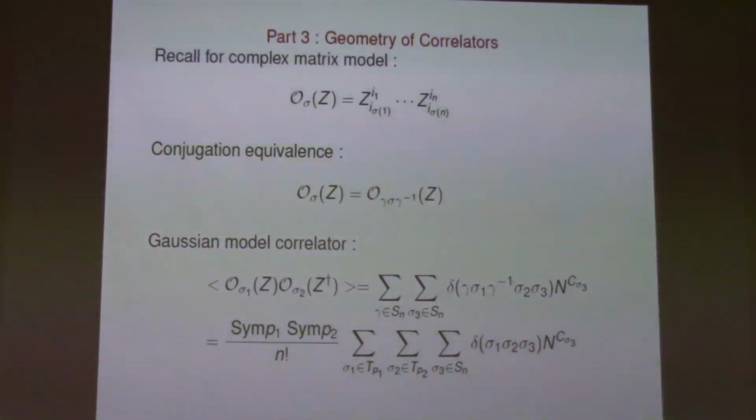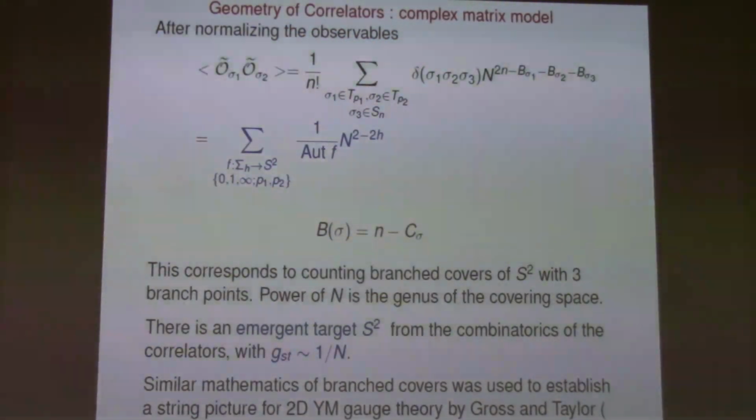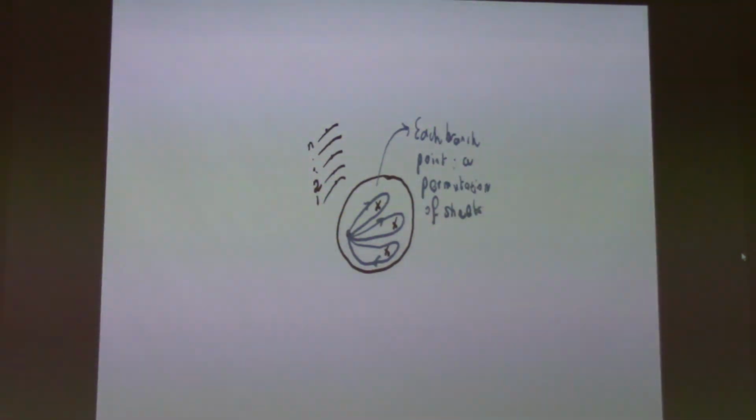So there's a beautiful geometry behind this, which was studied back in the 90s when people were investigating the string dual of two-dimensional Yang-Mills theory. Basically, the geometry behind that counting is that if you think about a sphere, in this case an S2, and think about covering spaces, so world sheets which cover S2.